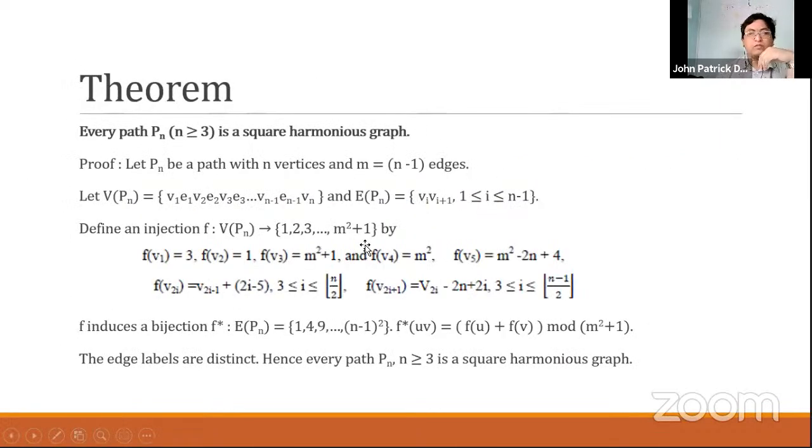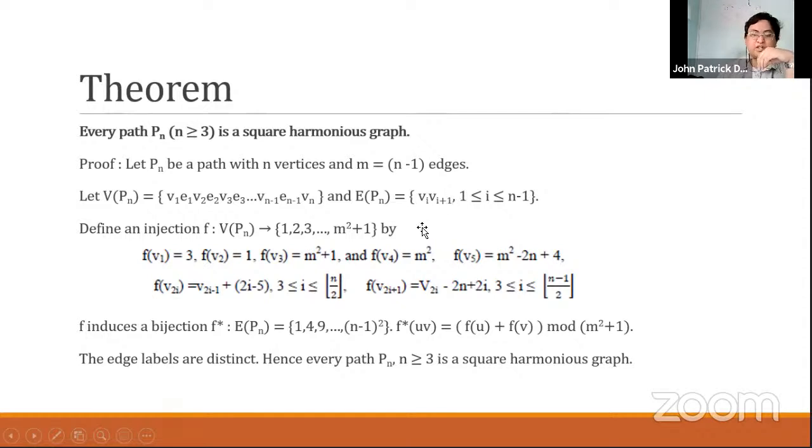So for our first theorem, every path P sub n is a square harmonious graph. In the proof, let P sub n be a path with n vertices and m equals n minus 1 edges. Let the vertex set of P sub n be the alternating sequence we mentioned earlier, and the edge set of P sub n be V sub i to V sub i plus 1.